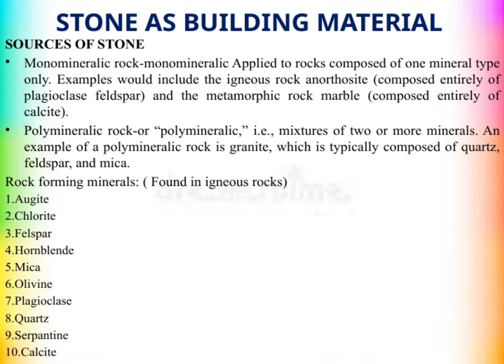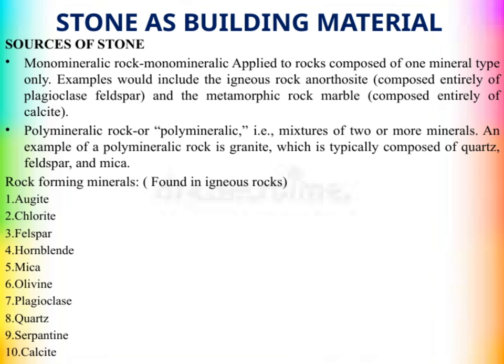Now, focusing on the minerals that form rocks, especially igneous rocks, there are several key minerals to keep in mind. These include augite, chlorite, feldspar, hornblende, mica, olivine, plagioclase, quartz, serpentine, and calcite. Each of these minerals has unique characteristics that influence the physical and chemical properties of the rocks they form.